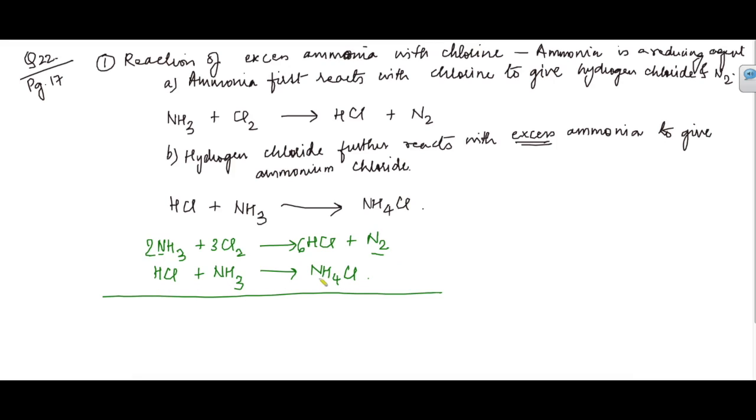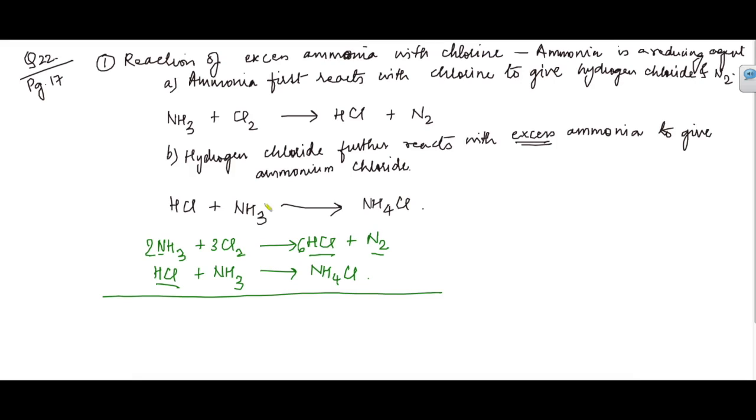We've got 1 atom of nitrogen, 3 plus 1, 4 atoms of hydrogen and 1 atom of chlorine. So both the reactions are now balanced. There is a common molecule in the reactant and the product, which is hydrogen chloride. However, the number of hydrogen chloride molecules is not the same.